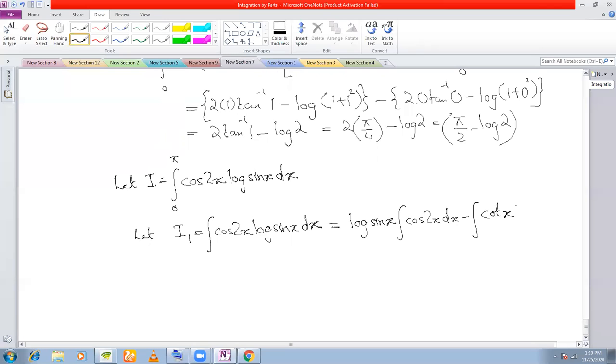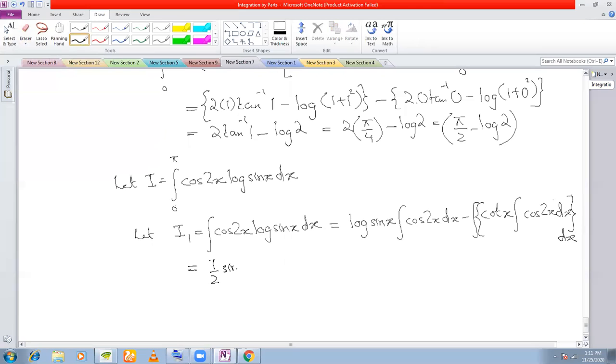Into the integral of cos 2x, the whole cos 2x dx, and the whole thing within a dx. So this becomes integral of cos 2x, which is how much? Half sine 2x.